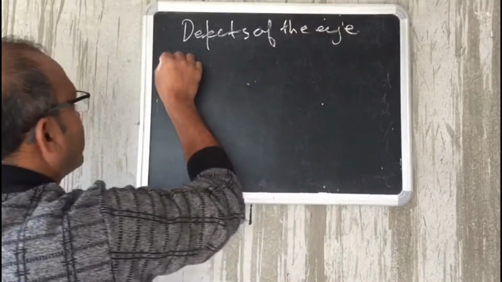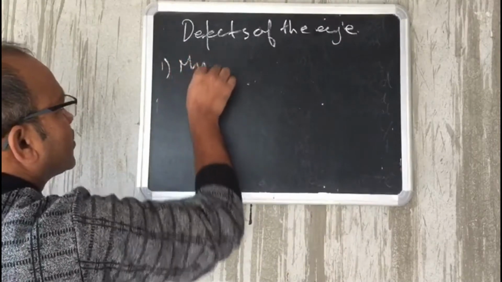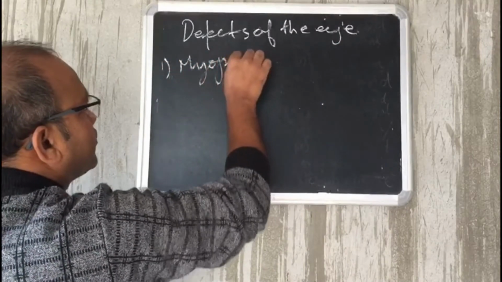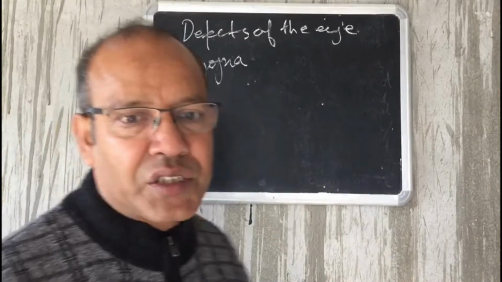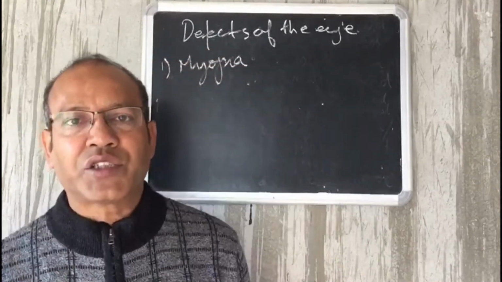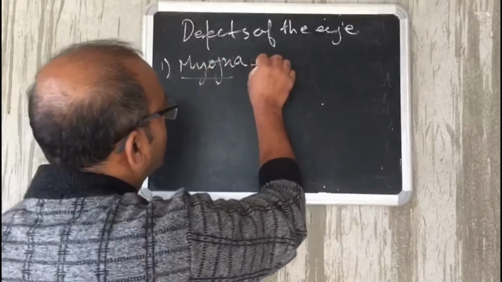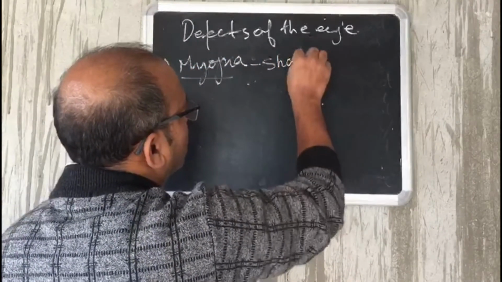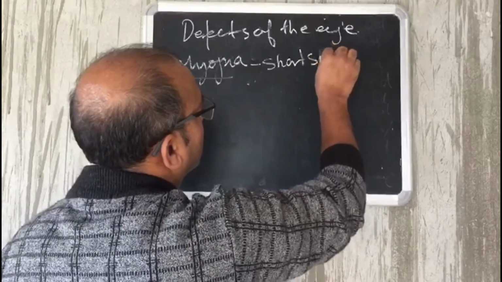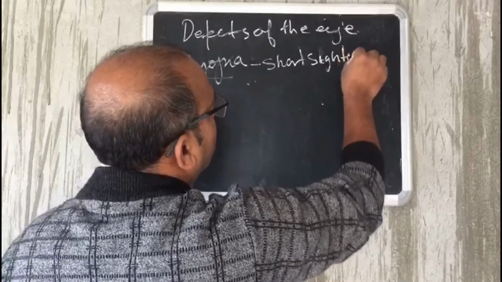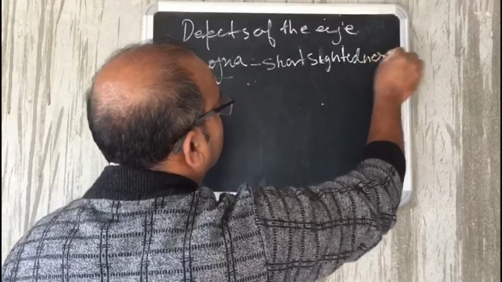eye. The first defect we talk about here is myopia. Myopia is also commonly known as short-sightedness.